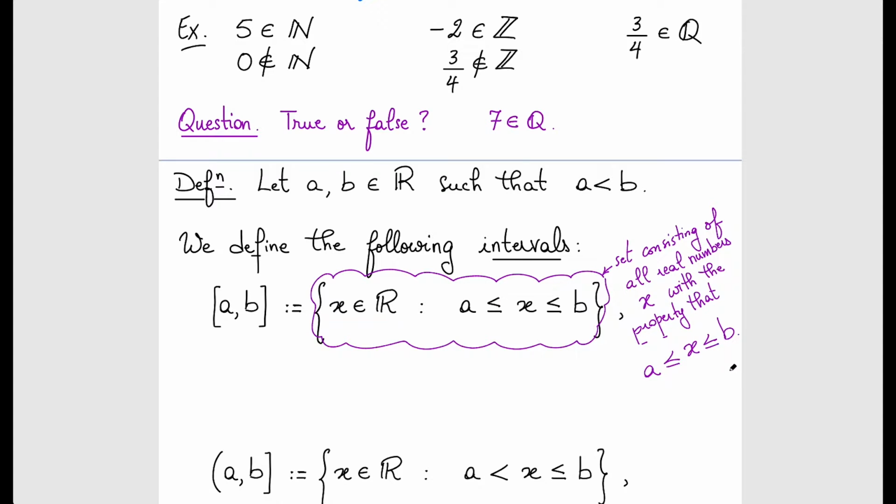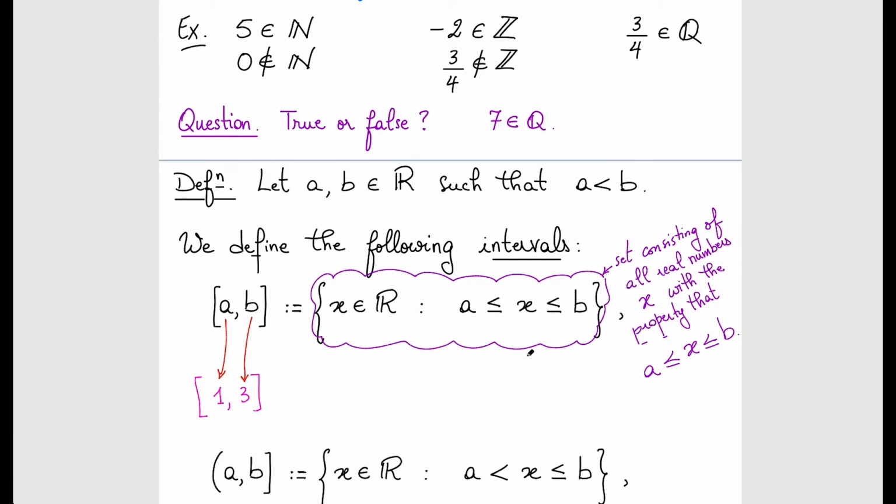Okay, so for example, if I write 1, 3, what am I saying? I'm saying that I'm taking A to be 1 and I'm taking B to be 3, correct?